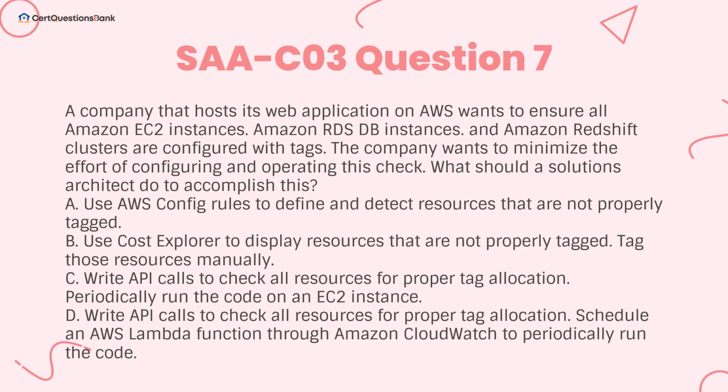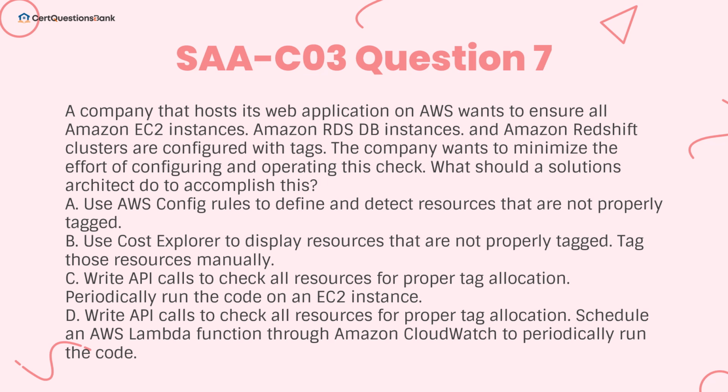A company that hosts its web application on AWS wants to ensure all Amazon EC2 instances, Amazon RDS DB instances, and Amazon Redshift clusters are configured with tags. The company wants to minimize the effort of configuring and operating this check.